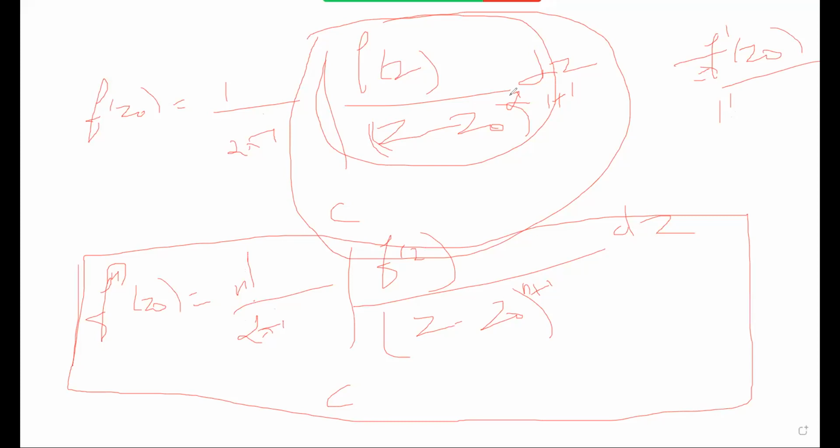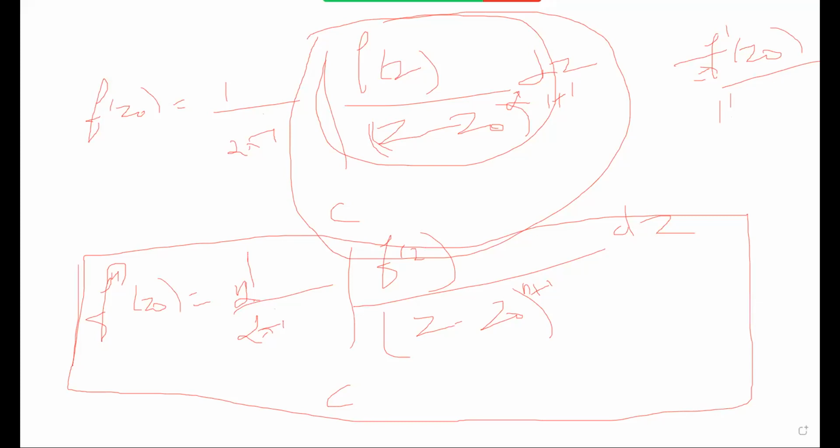Suppose you have order 3, it can be written as 2 plus 1, so the value of n is 2. So you have to differentiate 2 times and substitute the value z naught, then find the value of f double dash of z naught, then multiply by 2 pi i by 2 factorial. When n is equal to 3, this will become 3 factorial. So using this formula, we can find the value of f power n of z naught.